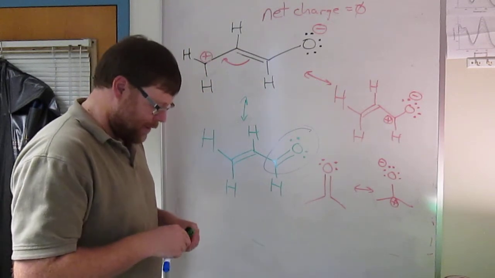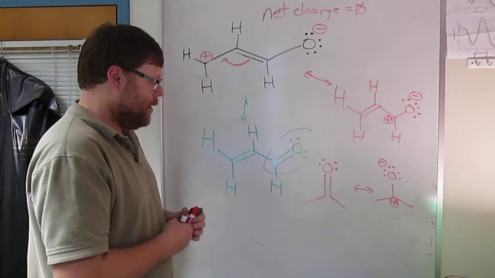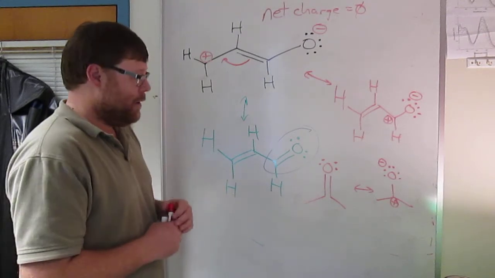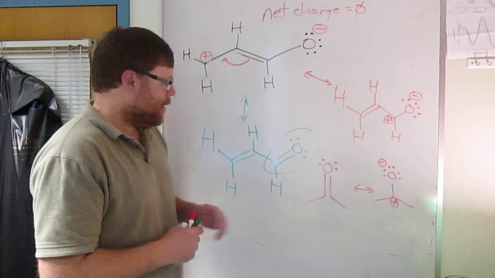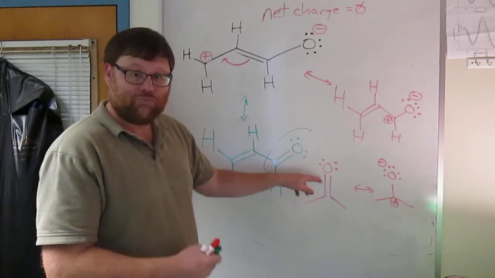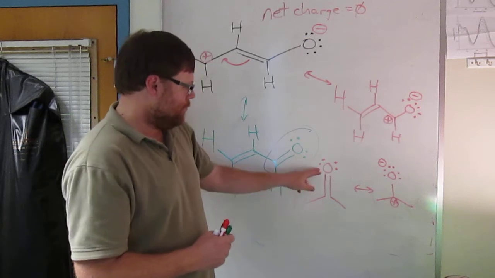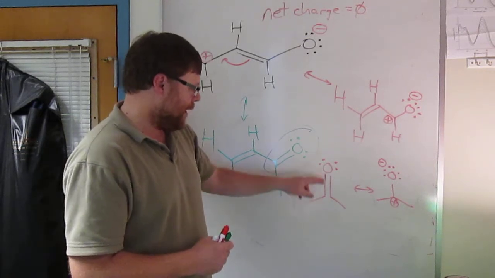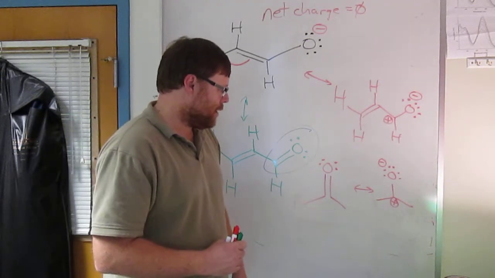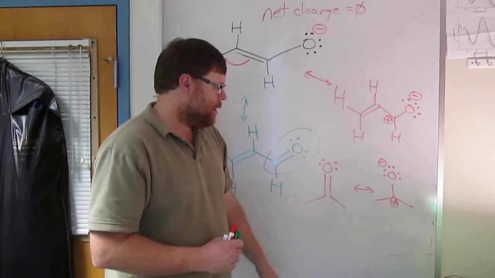That will explain chemistry that we'll see some of at the end of this semester. We'll see a lot of it in organic too. But the oxygen in a carbonyl is a Lewis base, the carbon is a Lewis acid. Nucleophile, electrophile, base, acid. We'll talk a lot more about that.